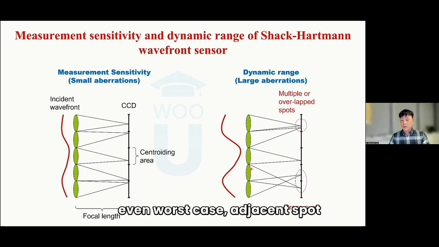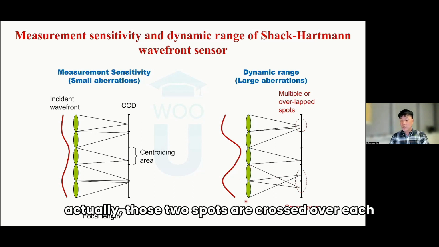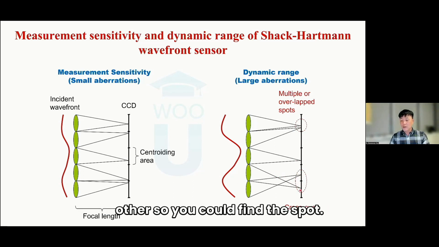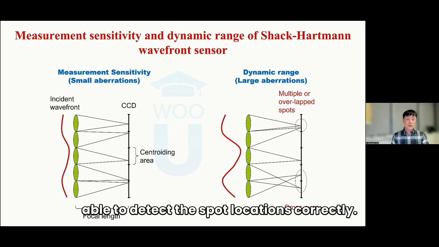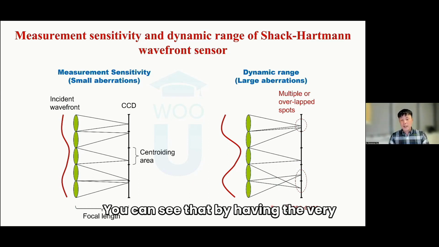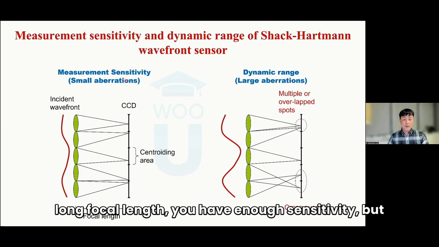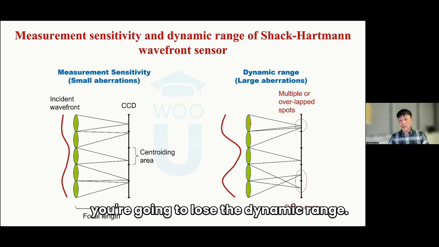Or even worse, two adjacent spots cross over each other. So you could find the spot, but this spot is actually coming from this lenslet, not this lenslet. Even if you can find the spot, without this crossover information, you wouldn't be able to detect the spot locations correctly. You can see that by having a very long focal length, you have enough sensitivity, but you're going to lose the dynamic range.